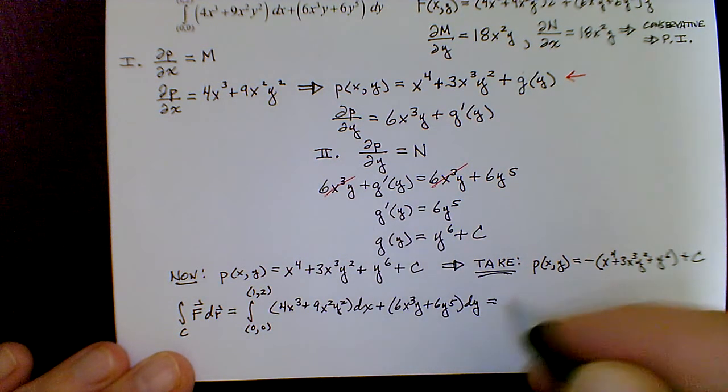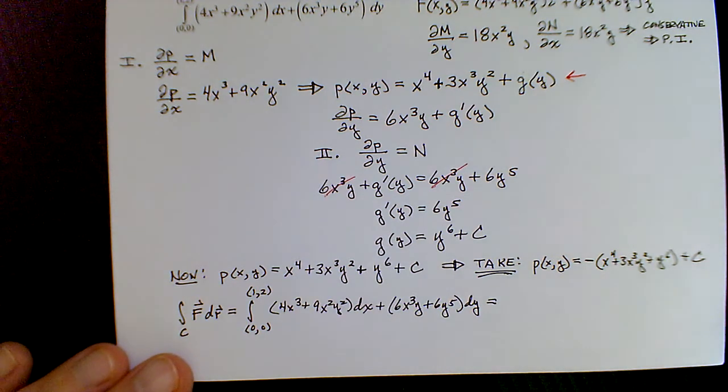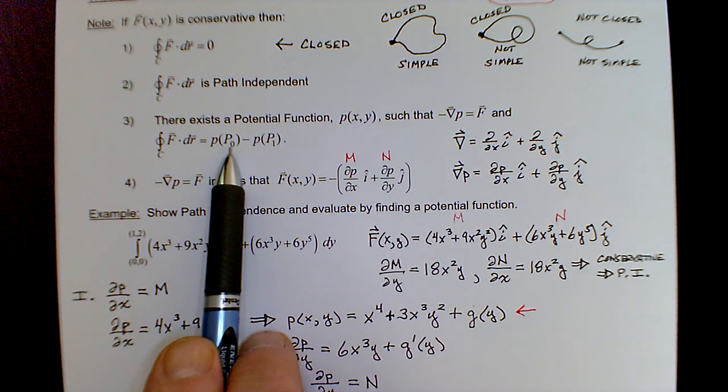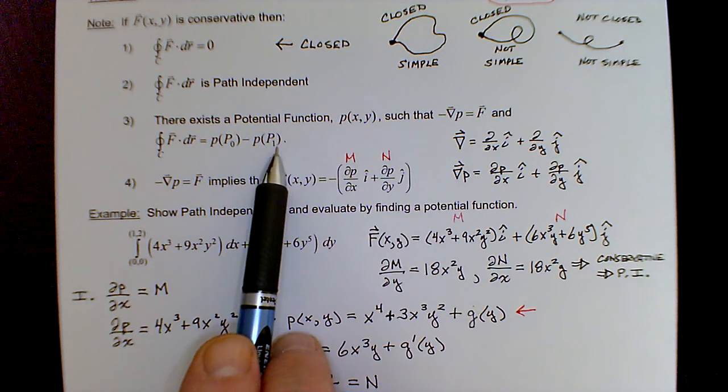Okay, but by our third property, it's just P of P sub 0 minus P of P sub 1.